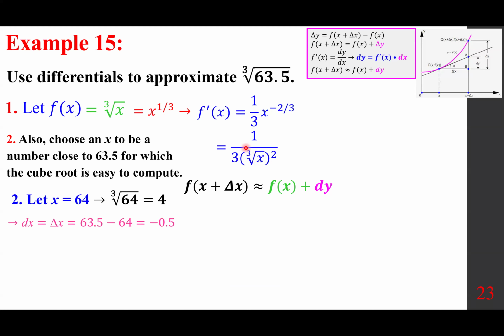So f prime of x is 1/3 times cube root of x to the second power. So what is dy? The same thing, times dx. So if you want to multiply this one by dx, you can just say 1 times dx, or simply put the numerator as dx.